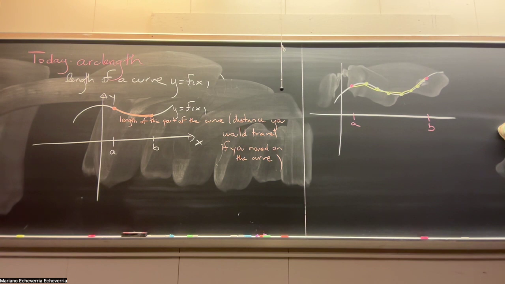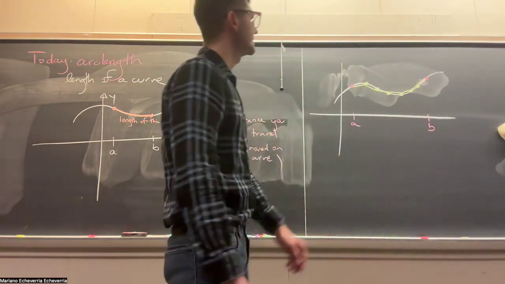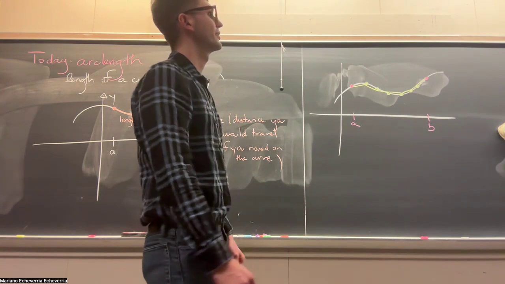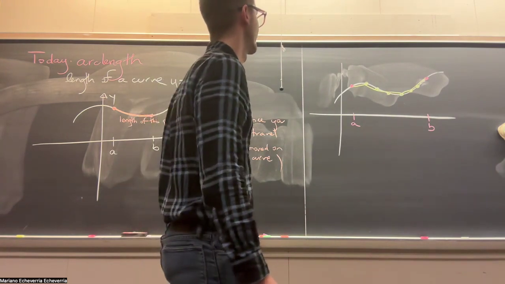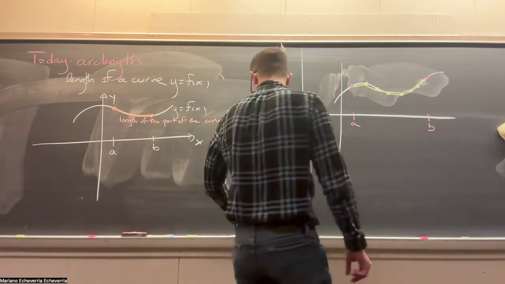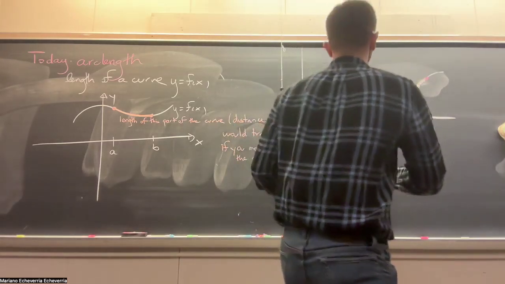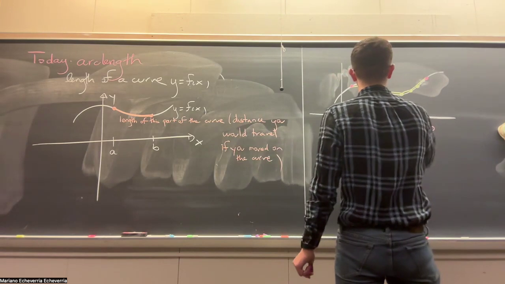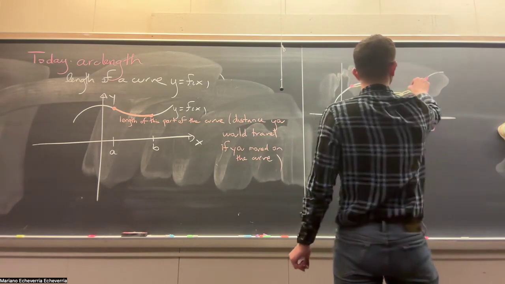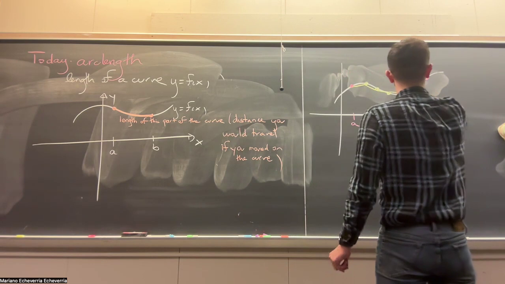But the line segments themselves are not on the curve. The reason for doing that is that it is easy to find the length of a line segment. So let's just focus on one of these. Just to zoom in, I'll zoom in here.